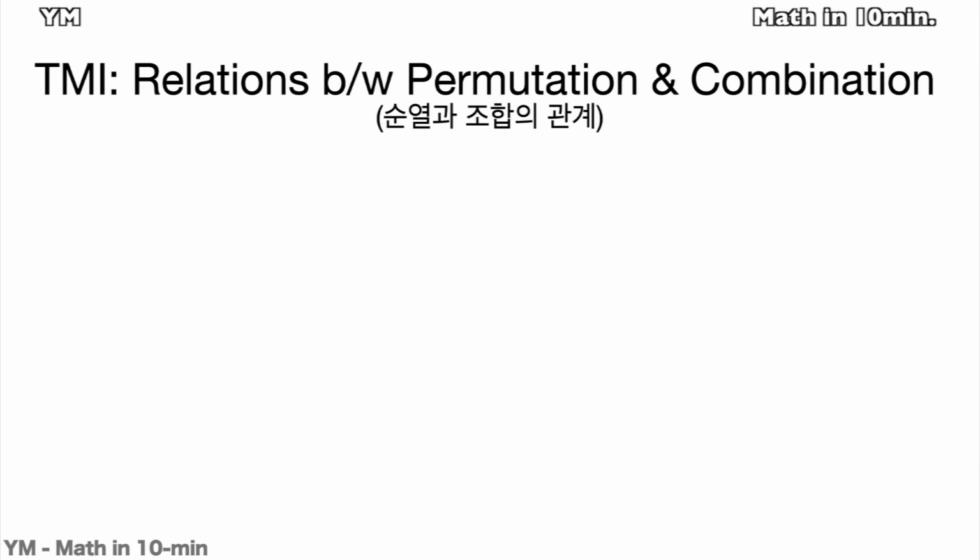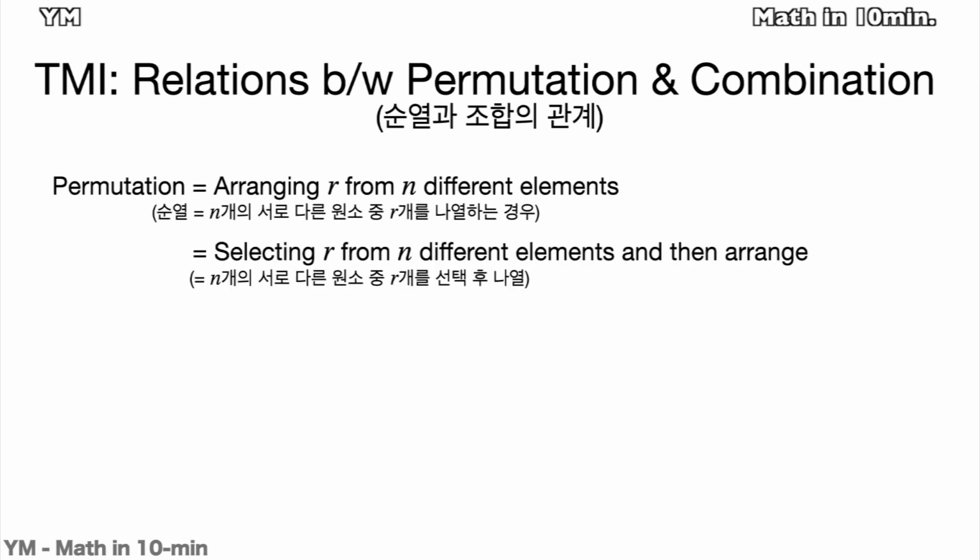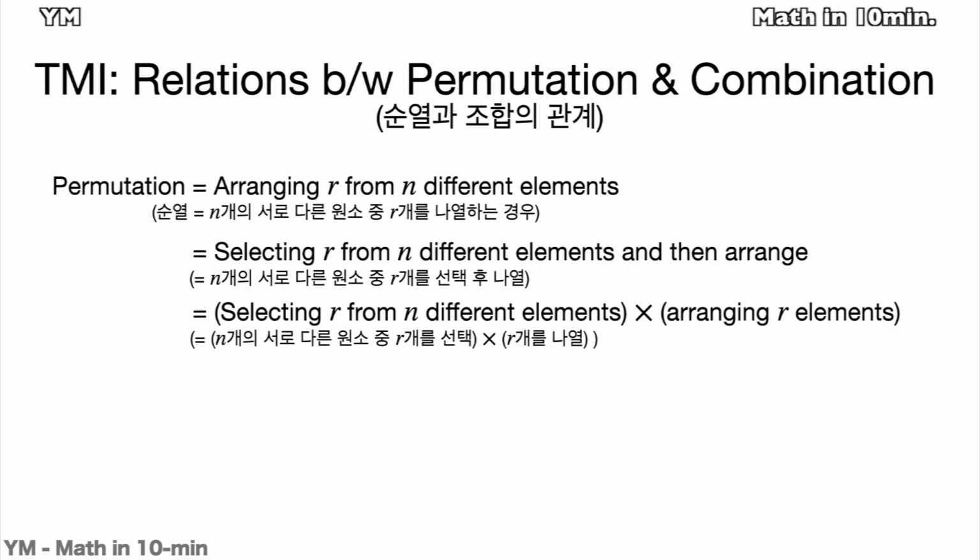Let me explain the relationship between the permutation and combination. Permutation means the number of arranging r objects from n different elements. In other words, it means the number of selecting r from n distinct elements and then arranging. So it is equal to the number of selecting r from n times arranging r.